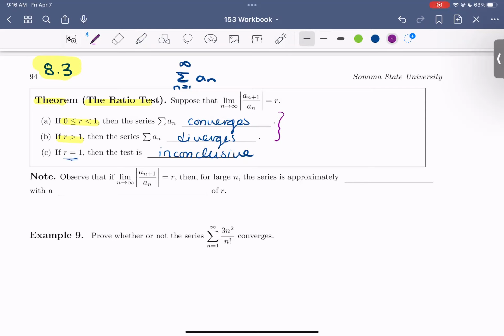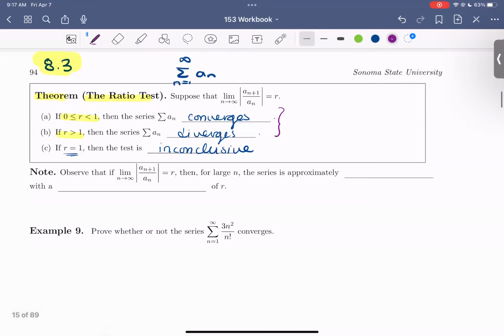So in a sense, what this is saying is that if the limit of the ratios becomes some r in the limit, then that series is approximately a geometric series. So then we can use that r to determine convergence. Okay, so I'm going to write that down in this note.